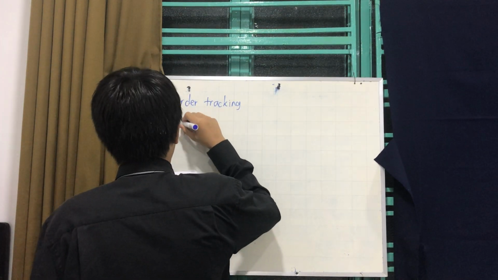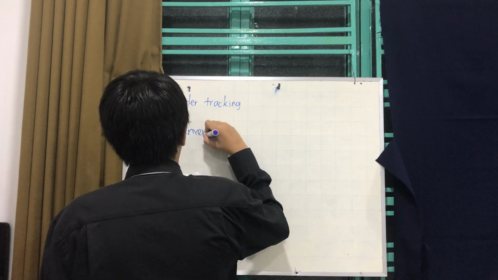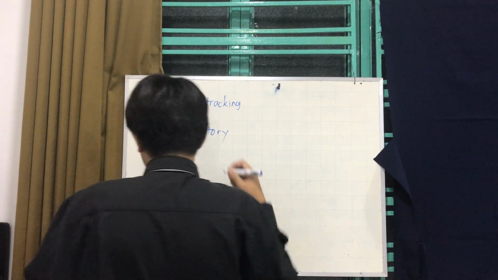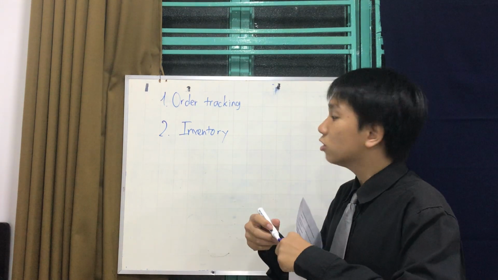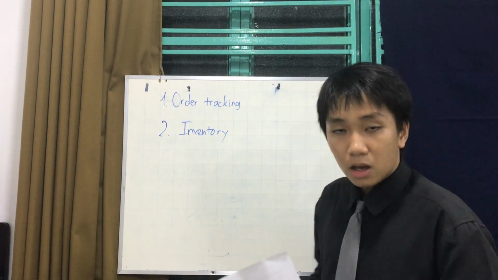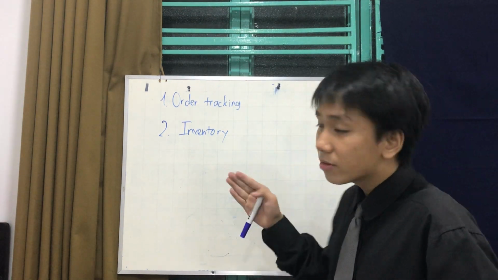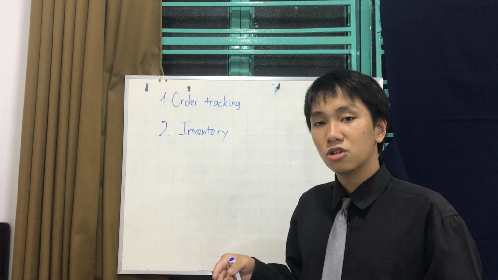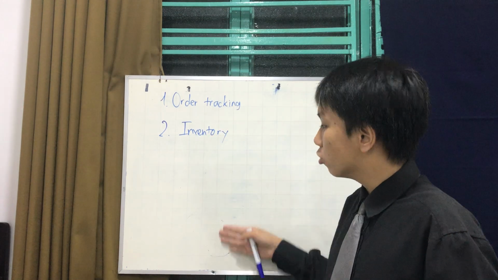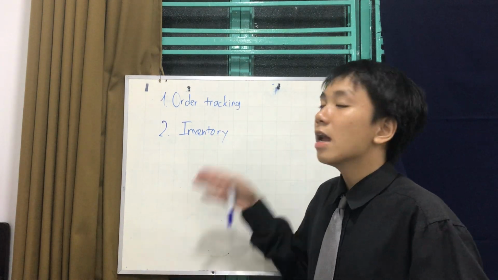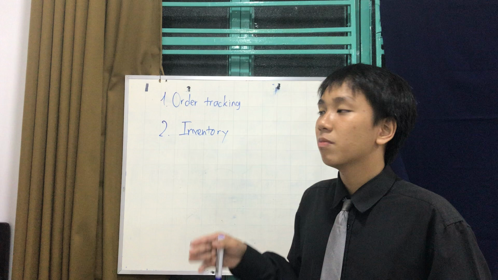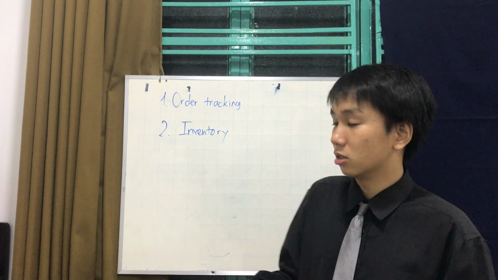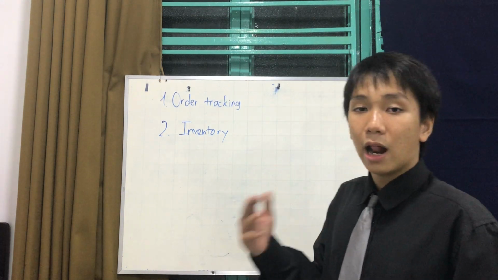Second is inventory. Think about it, inventory is very important too. In fact, all the 5 points that I'm going to list out have the same importance. So inventory, how can it help them?